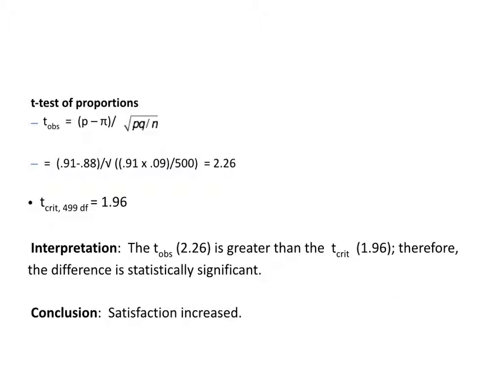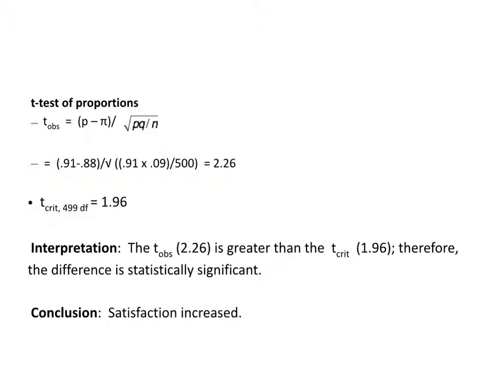And we compare that with the t critical for alpha 0.05 and 499 degrees of freedom. The degrees of freedom for the t-test is n minus 1. And that value is 1.96. And since the observed t is greater than the critical t value, our interpretation is that the difference is statistically significant.